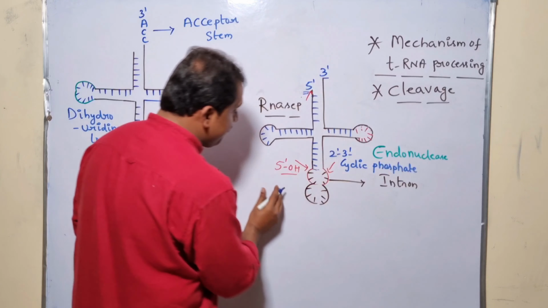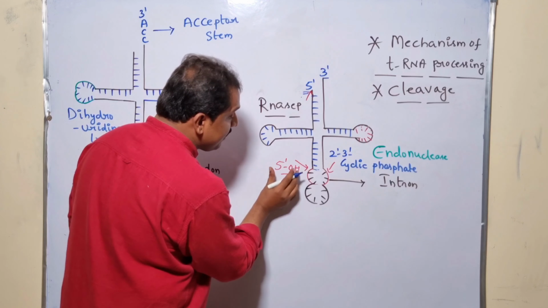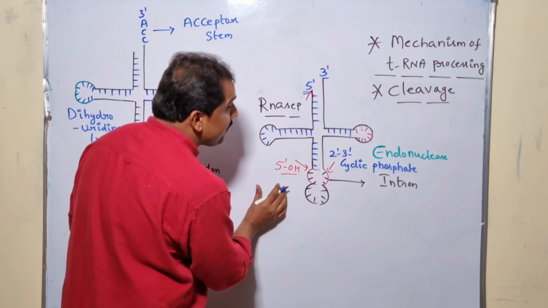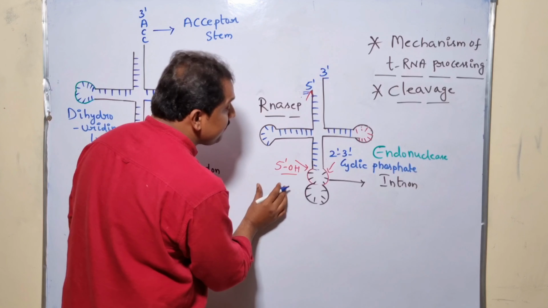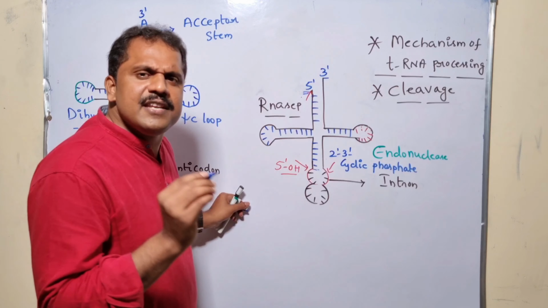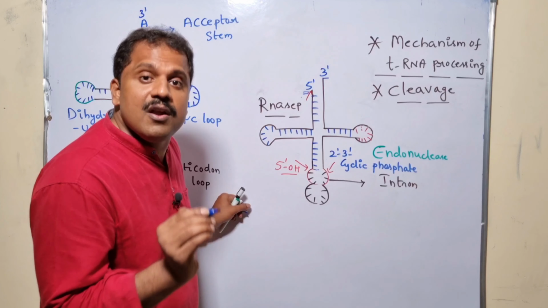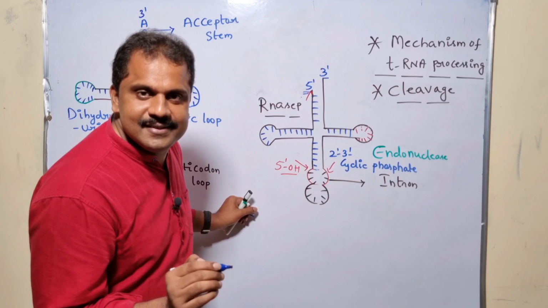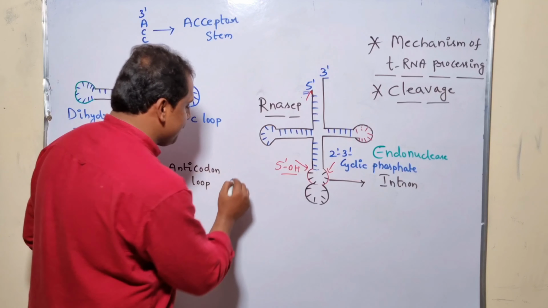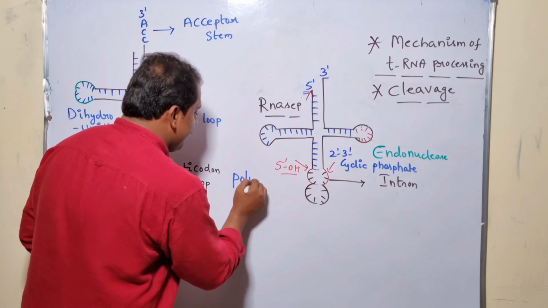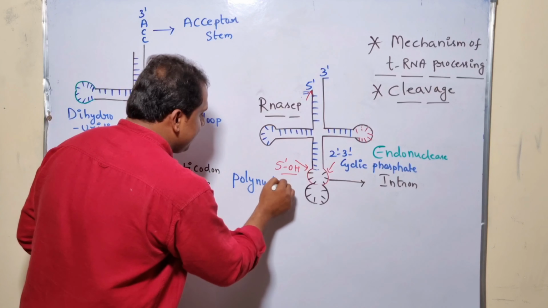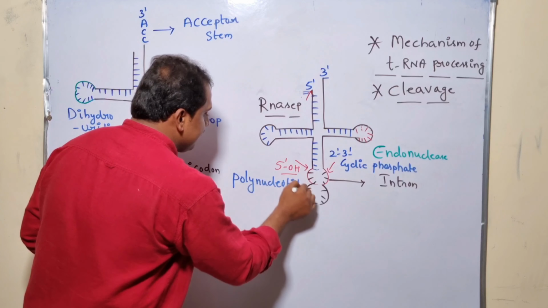So in order to replace the hydroxyl group with the phosphate moiety, the particular tRNA processing mechanism takes advantage of a specific enzyme which is nothing but what? Polynucleotide kinase. So let me write it here. Polynucleotide kinase.